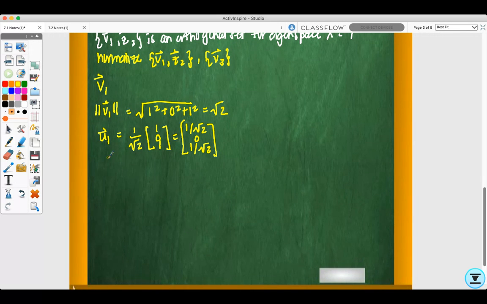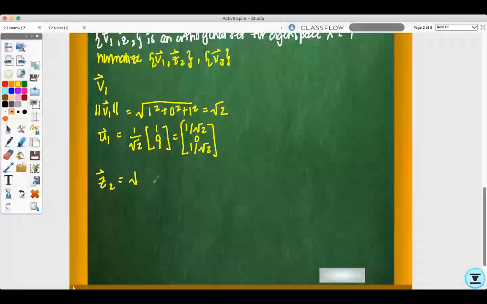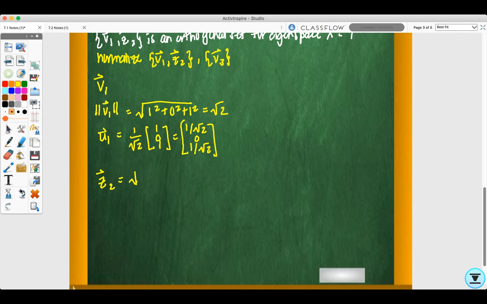Then we're going to normalize Z2. First find the length, and that would be negative 1/4 squared plus 1 squared plus 1/4 squared, which equals the square root of 18 over 4.